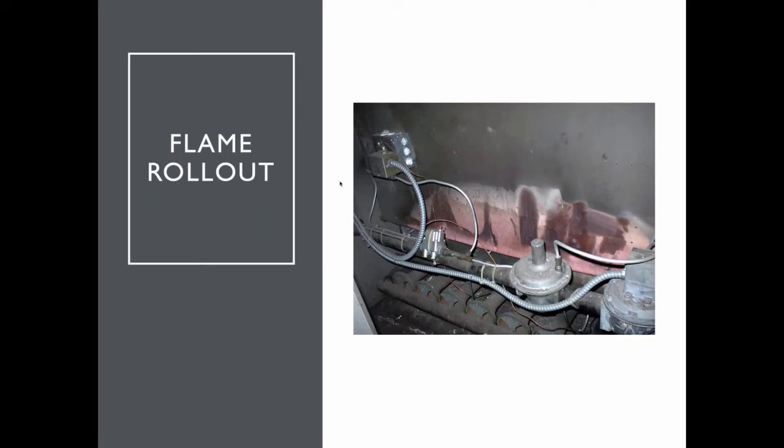One of the things that I like to look at is the burner. You can see the flame roll out here. What's that telling me? It's telling me that something is pulling the flue gases out. And it's either going to be plugged flue passages, maybe it's sooted or rust is covering it. This is a dangerous situation because carbon monoxide is like that angry old guy that's out and yells at all the kids, don't come in my yard.